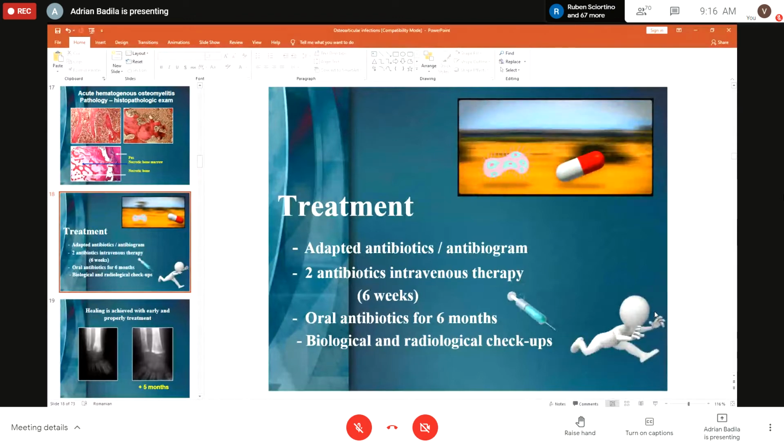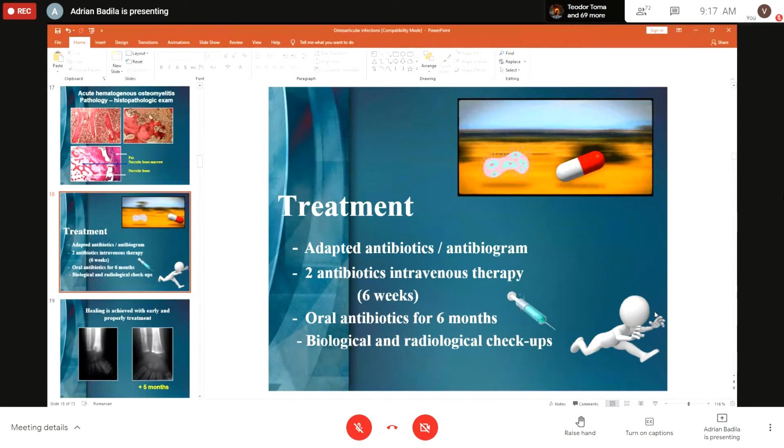This is why in bone infection, we will use longer antibiotic therapy. After the first 6 weeks with intravenous therapy, the patient will take oral antibiotics for 6 months. And in many cases, even this longer antibiotic therapy will not heal the infection.